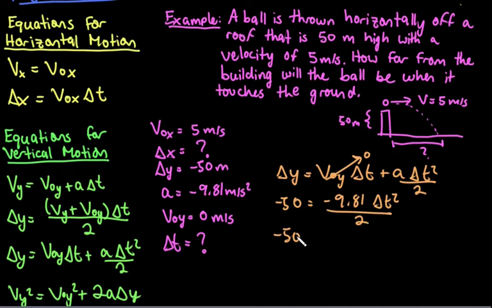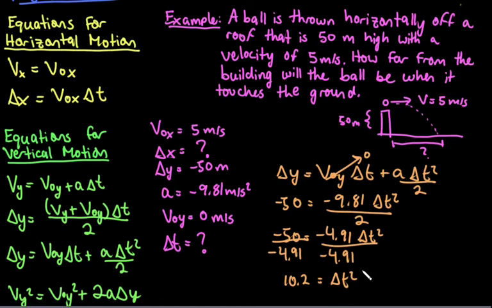This becomes negative 4.91 delta t squared, and then I divide both sides by negative 4.91. This way I get 10.2 is equal to delta t squared, and to get rid of the square, I square root both sides. So then I find my delta t is equal to 3.2 seconds.